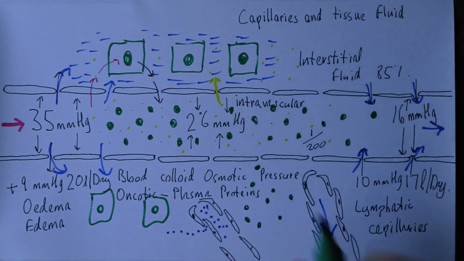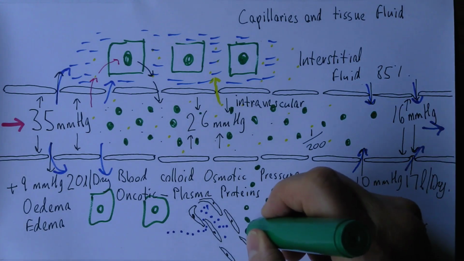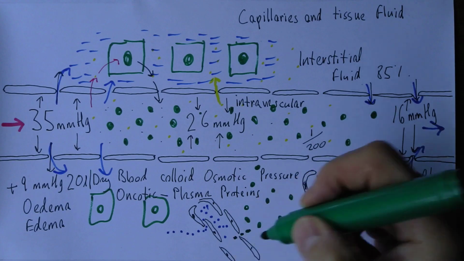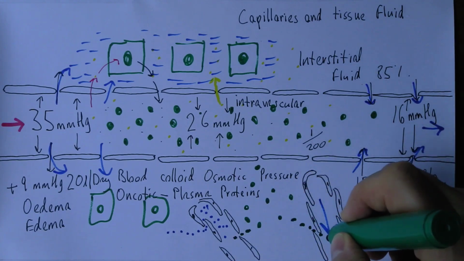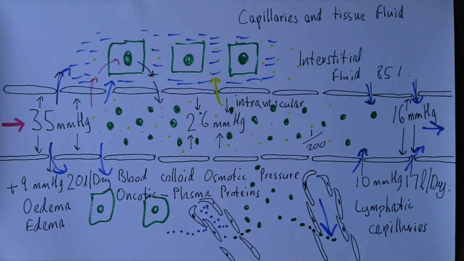That would attract water and the tissues would be edematous, which would be bad. So again, these cells flop open to let the plasma proteins that have escaped in, and these are returned to the blood via the lymphatics, via the entire lymphatic system, which there is a separate series of videos on if you want to watch it.